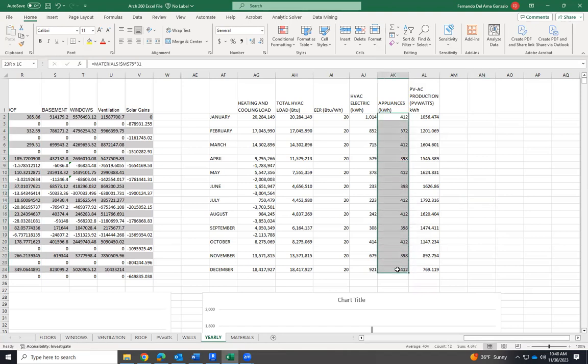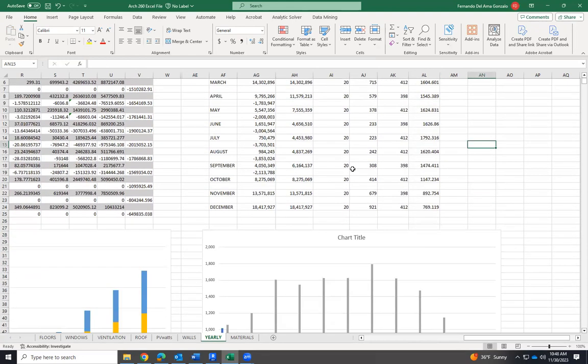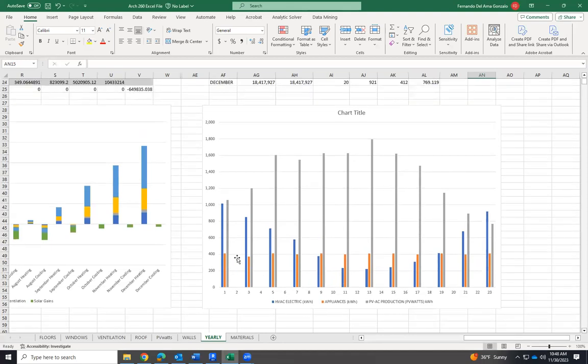And this is the amount of energy that we use in our appliances. Usually, this number is lower than the number that we have for the heating loads. Okay, so look at this because now we have the appliances.